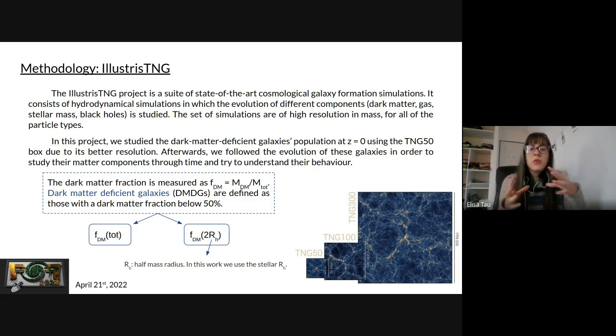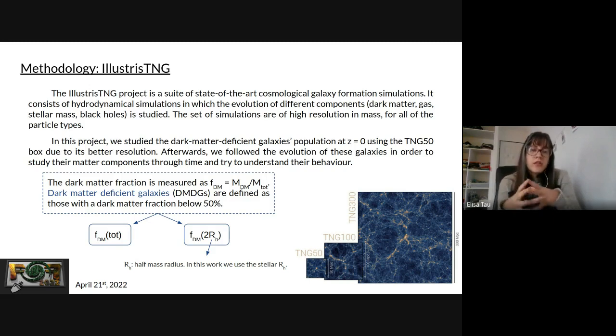And in this work, we chose to study on one side the total amount of mass that these galaxies have, so we got a total dark matter fraction. And on the other side, we decided to study the dark matter fraction within their central regions.